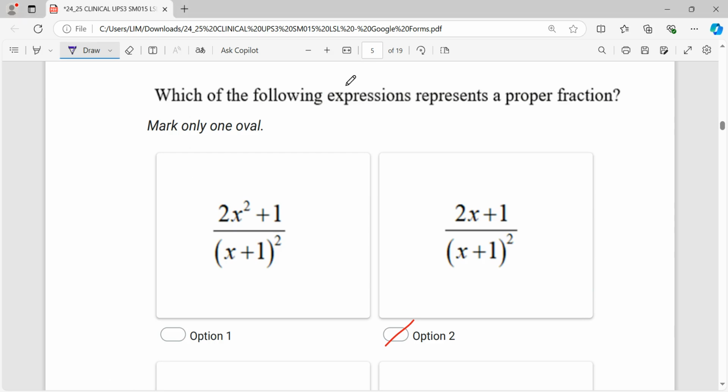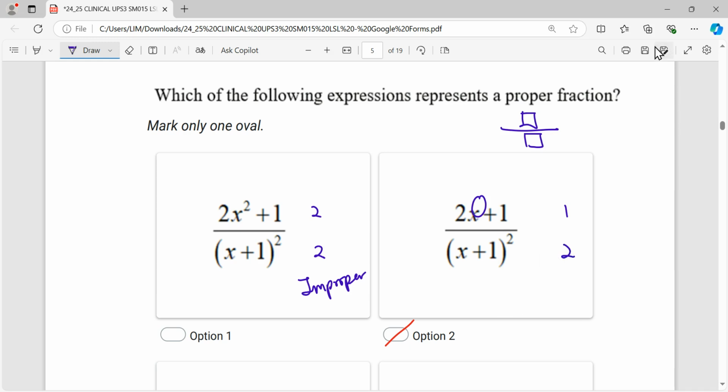Then which of the following expressions represents a proper fraction? So a proper fraction means the numerator power will be smaller than the denominator power. So here the maximum power is 2. The denominator, when we expand this, is also 2. This is improper. And then this is linear, power of 1. When this expands, we get x to the power of 2.